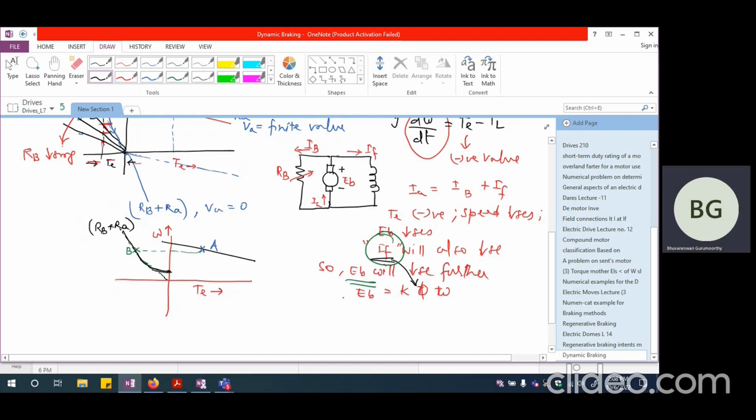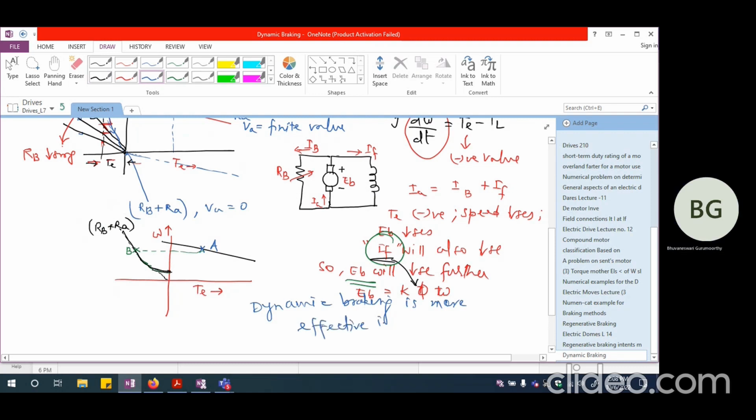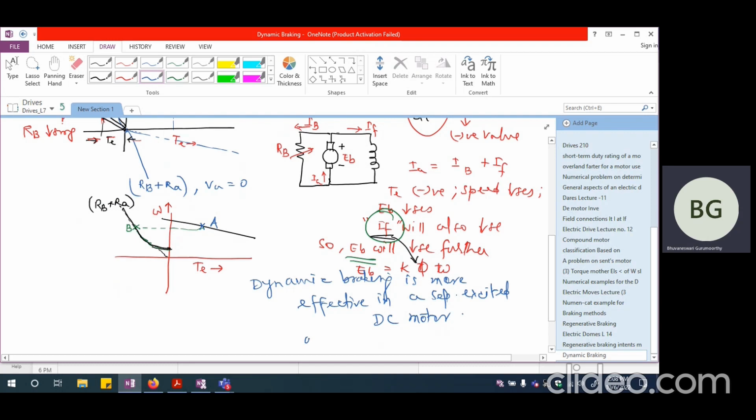So dynamic braking is not as effective in the case of a shunt motor as compared to a separately excited DC motor. So you would see that dynamic braking is more effective in a separately excited DC motor, because IF remains a constant in a separately excited DC motor as compared to a shunt motor.